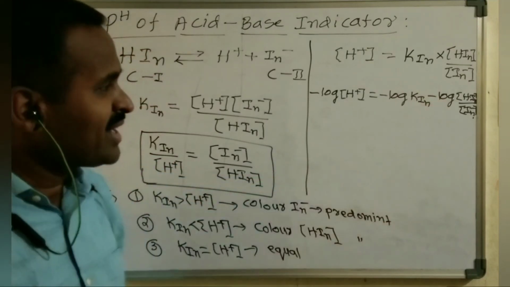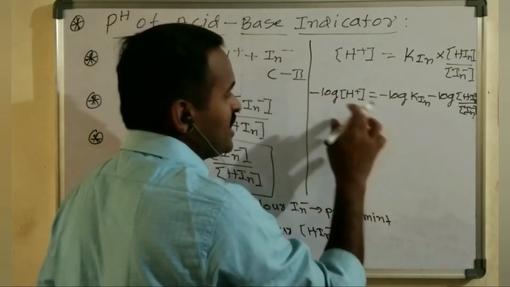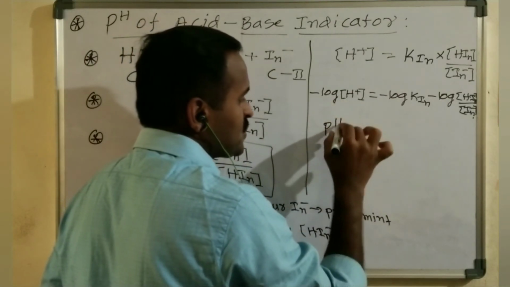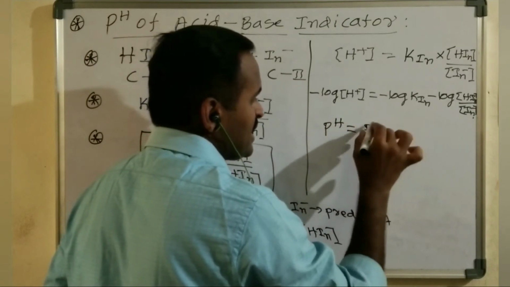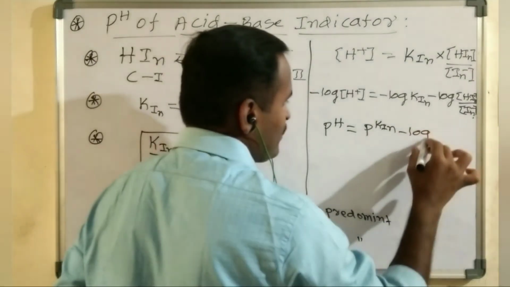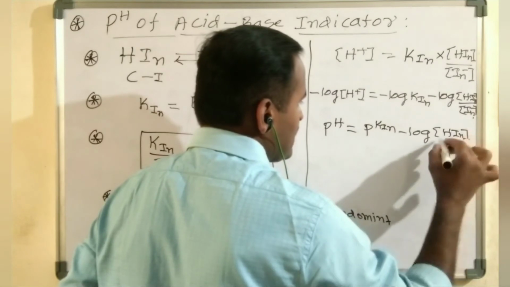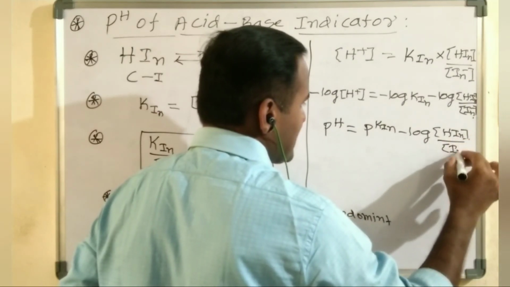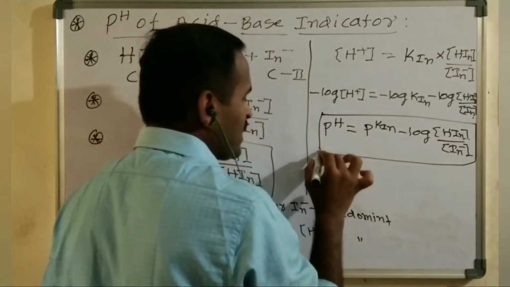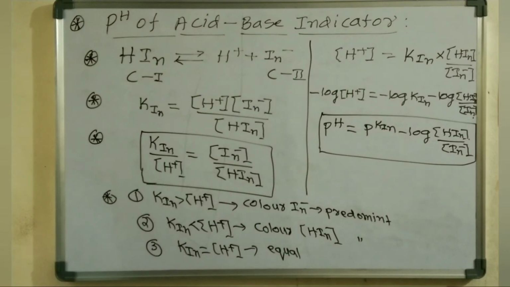That's the reason I can write minus log of HIn concentration divided by In minus ion concentration. This is simply the basic definition of pH. So pH is equal to pKIn minus log of HIn concentration divided by In minus ion concentration, right? This is a simple formula that will be helpful to find the pH of the acid base indicator, right?